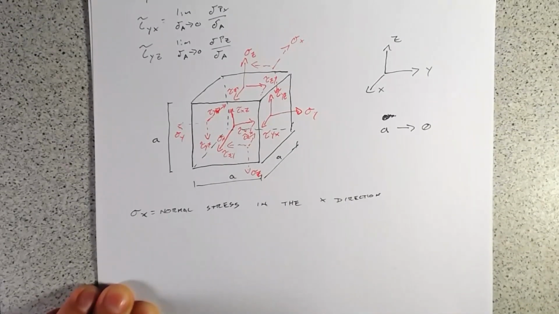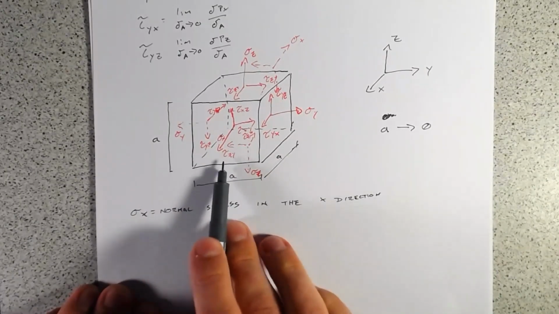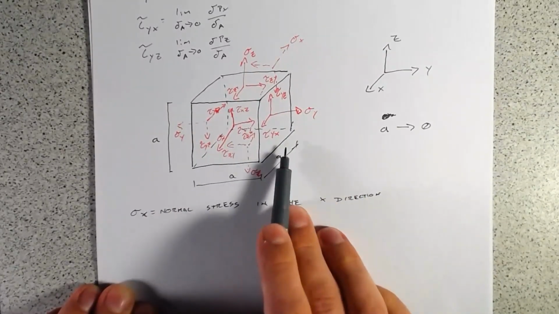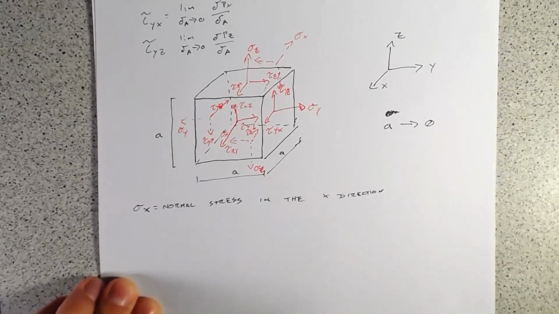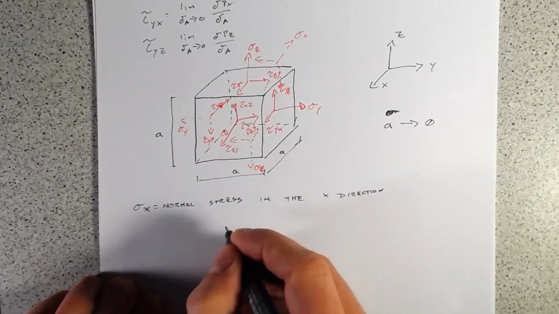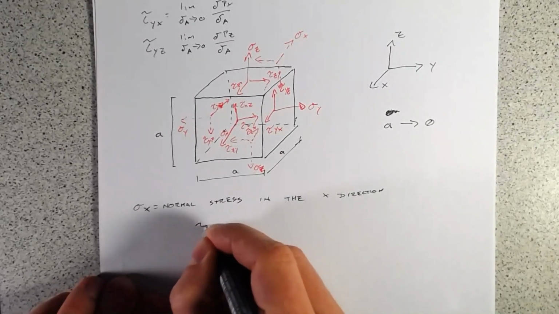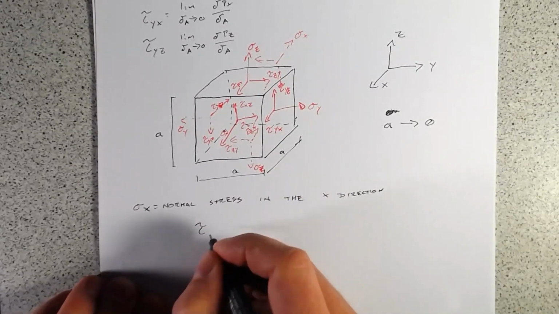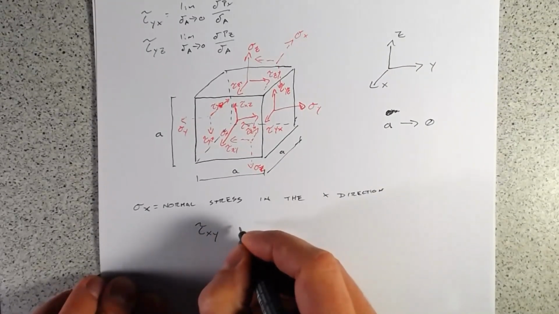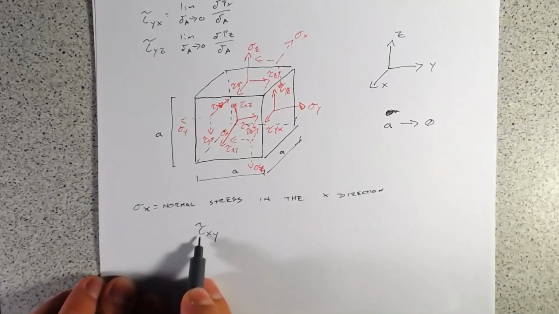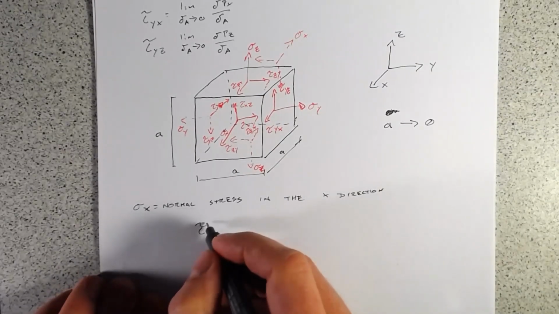So that's pretty straightforward. Now we've got all of these taus for our shear stress, and I've got yx's, xy's. What's the difference? They do follow a pattern. So if I have, for example, tau xy, this is going to be our shear stress.